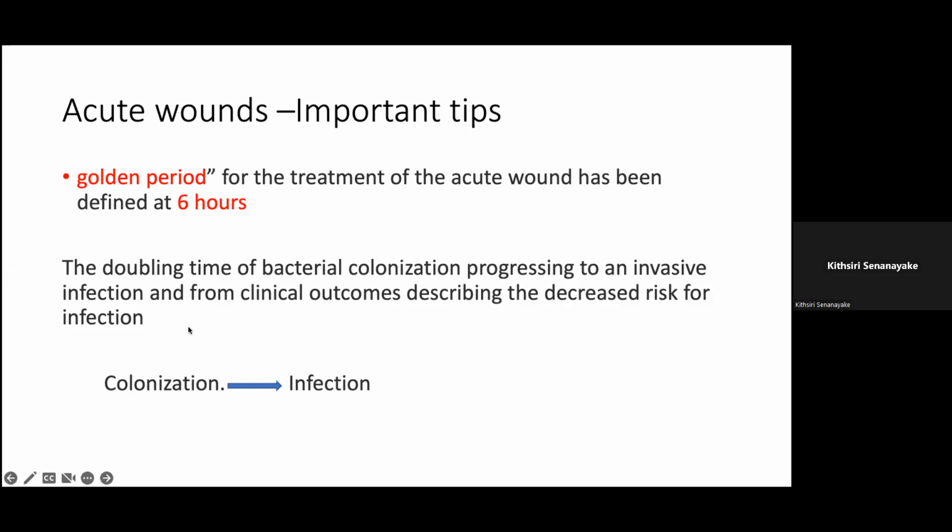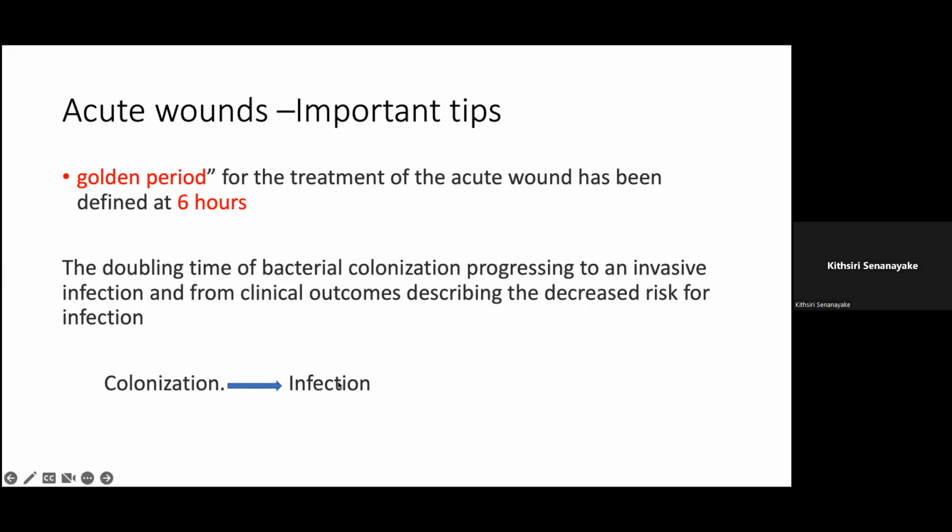So when you encounter an acute wound, you should do thorough wound washing within 6 hours. Please don't avoid this because it can cause infection, and then this can become a chronic wound, and it makes a huge burden to the healthcare system.